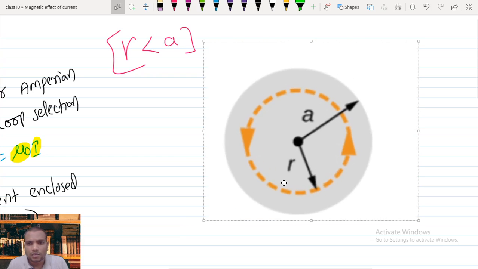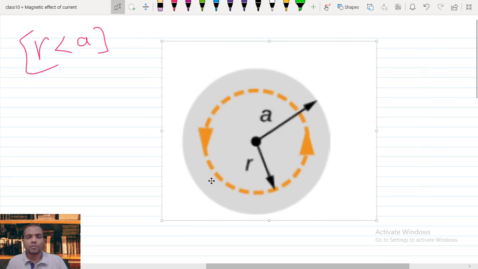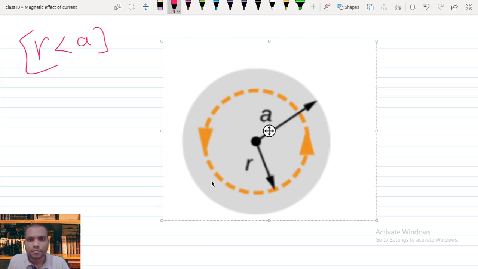Suppose this is the cross section view from the top angle. From the current carrying conducting wire, we are looking from the top. Here you can see we consider an Ampere loop inside the current carrying conducting wire.